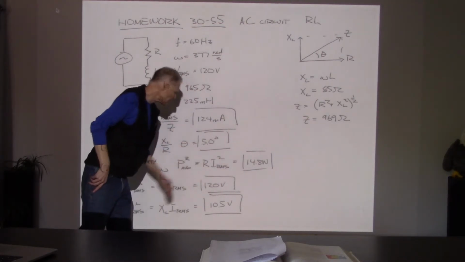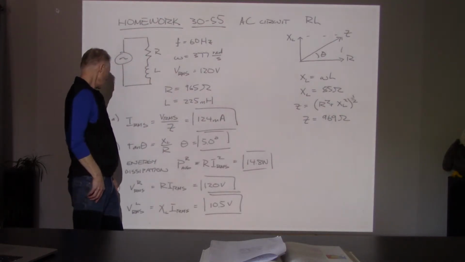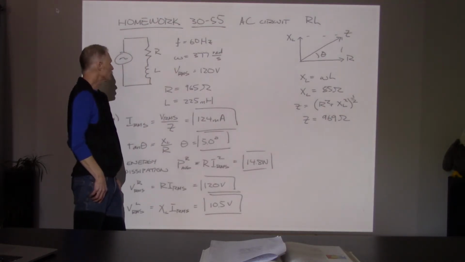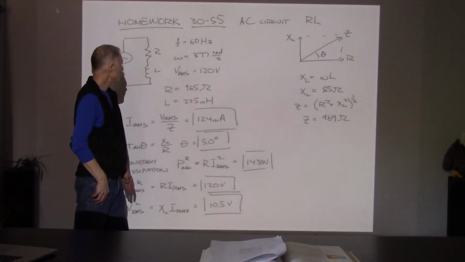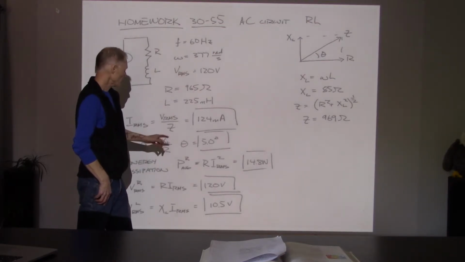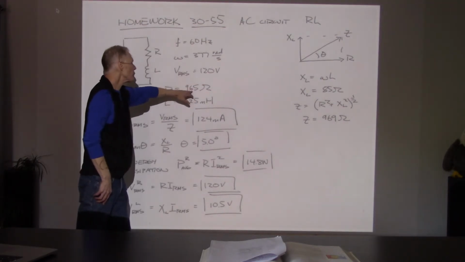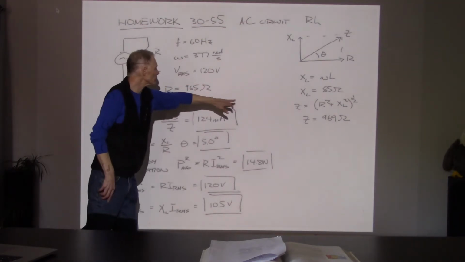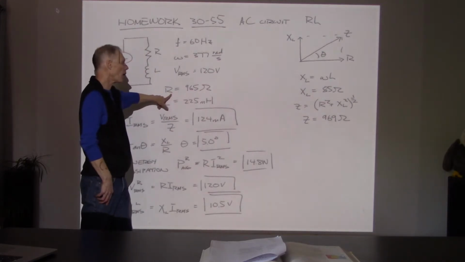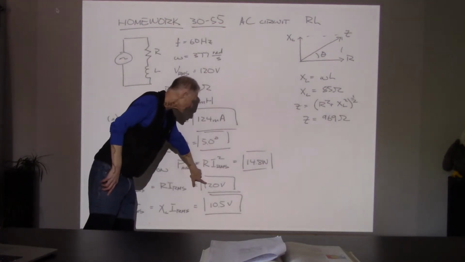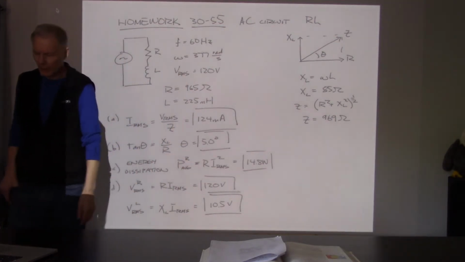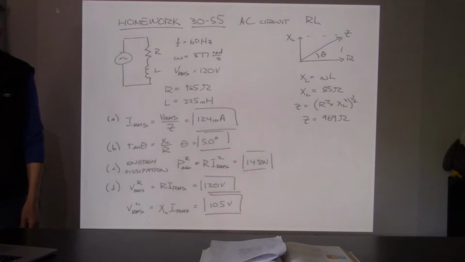I should have kept some more sig figs here because that's not quite true. The 120 volts would be over everything combined. This would be just a little less. You can look at the Z versus the R. That's less than 0.5%, and that's why it's not showing up in the significant figures.